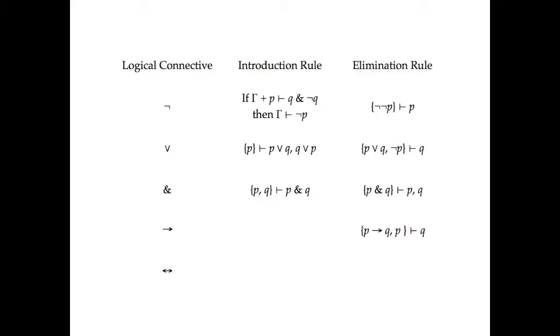So now you have 7 rules. Here they all are. If you look at our not introduction rule, it says if gamma plus P proves Q and not Q, then gamma proves not P. Now, the arrow introduction rule is a lot like the not introduction rule.